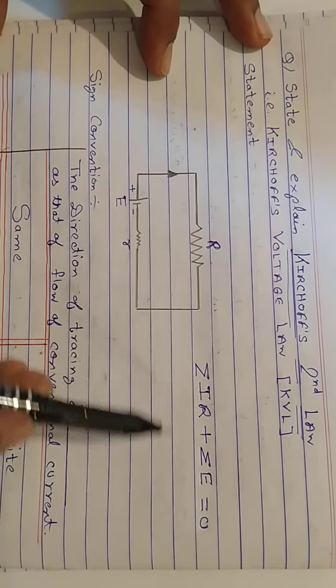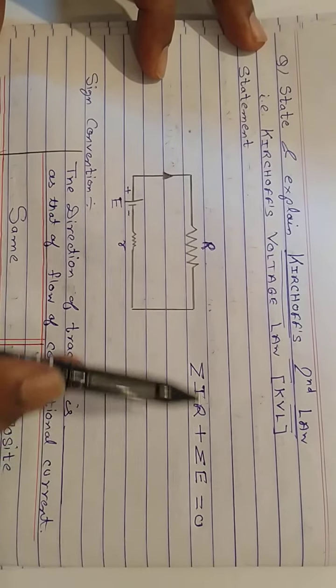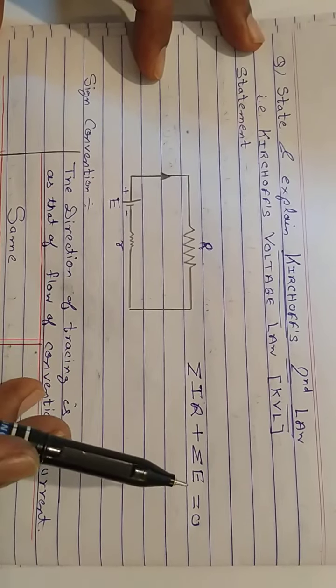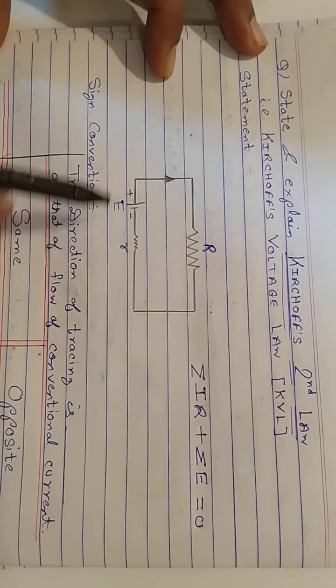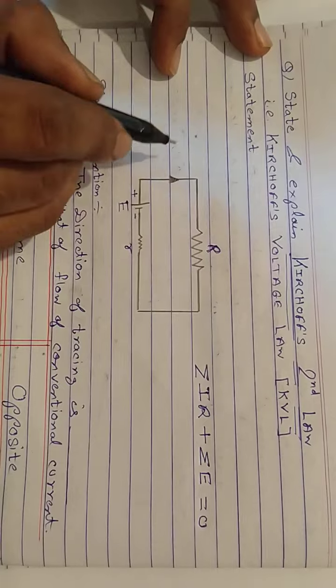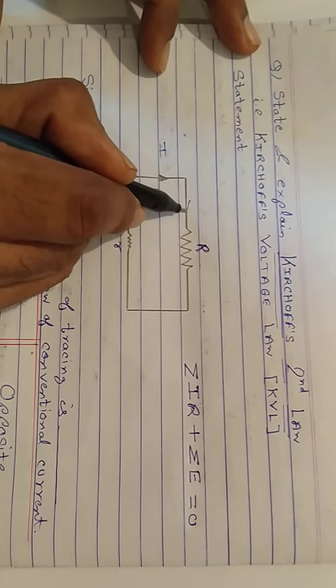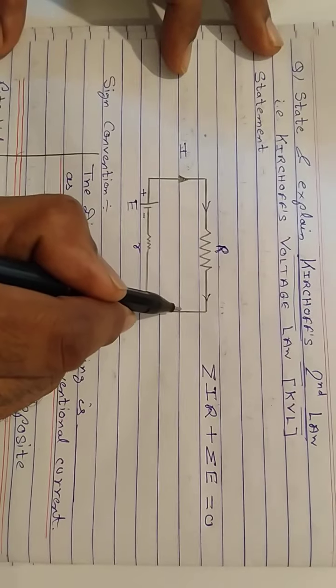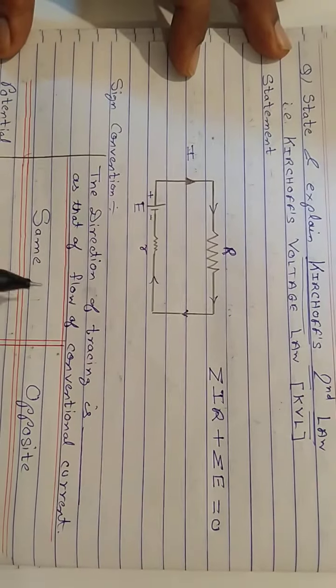Students, using this law we are going to derive the current flowing through the electrical circuit. Let us consider the current flowing through the circuit to be I. Here current I is flowing in all branches of the electrical circuit.